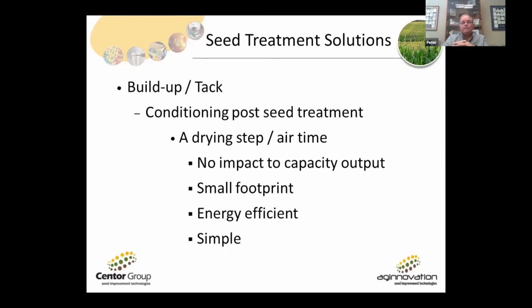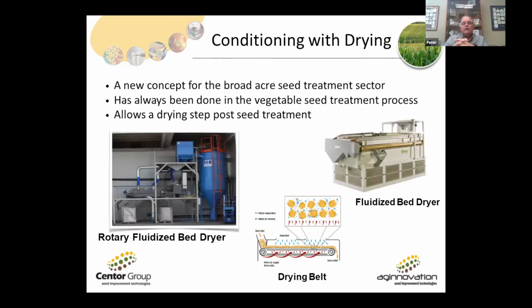We want to have no restrictions on capacity issues. We want to be energy efficient and be simple. And there's some new technologies that we can impart in today's world to try and incorporate some airtime, some drying around this. In these photos you see here, there's 3 different strategies being employed in the various opportunities.